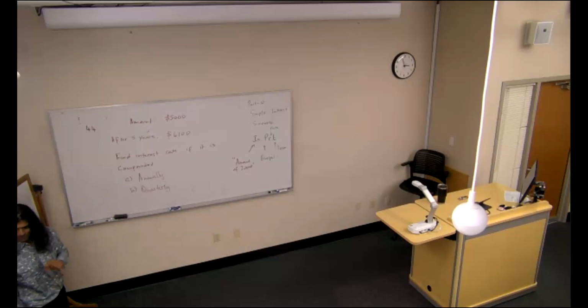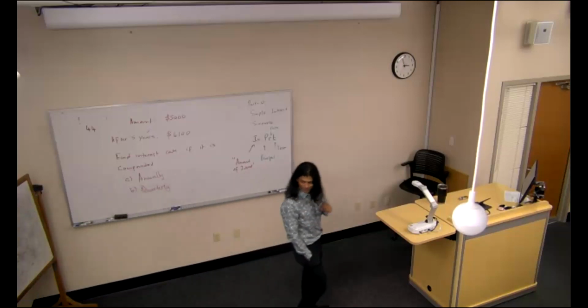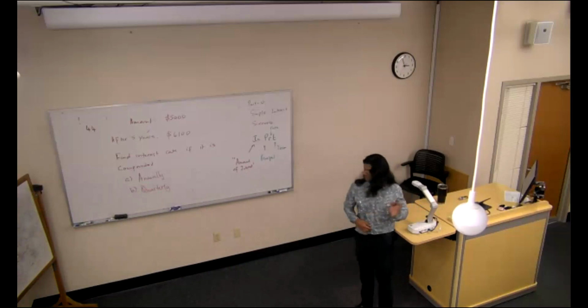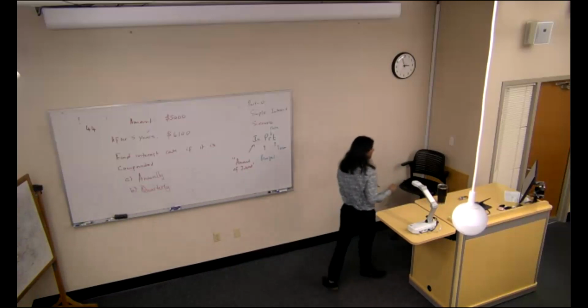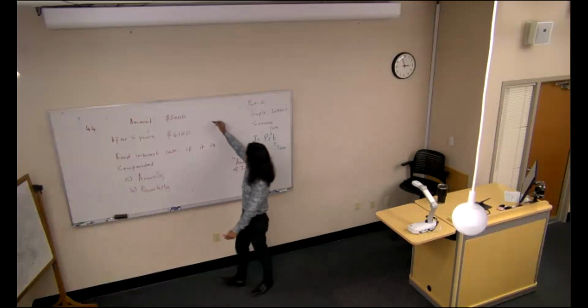Okay, Rolf says it is 5,000. Do you agree? Yes. Okay, James seems to agree with Rolf, 5,000. Whatever you start with is principal, so 5,000, so that is P.